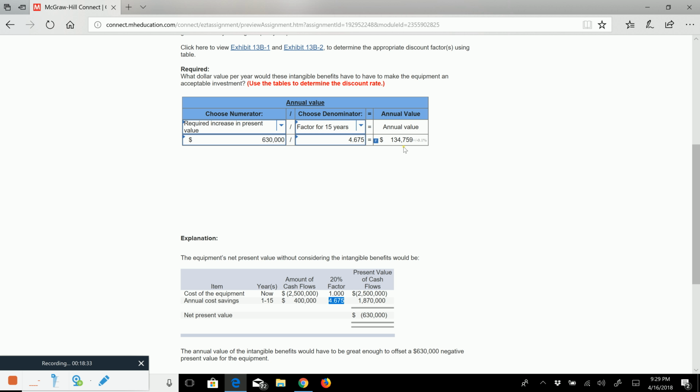So if in your determination, you believe those intangible benefits of greater flexibility and a greater work product, and all of those intangibles, which are very difficult to place a dollar amount on, are worth at least $134,759, it's a go. But that's something that you need to analyze.